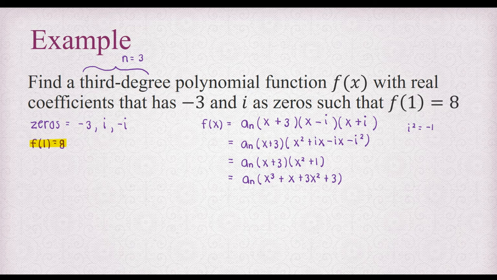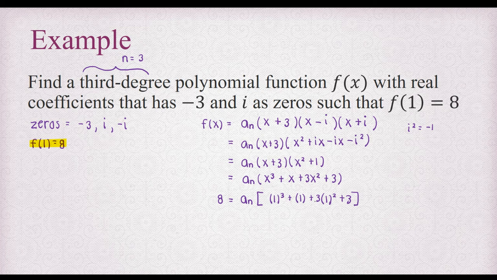So what I'm going to do is set this equal to 8. I don't know what a sub n is, but I know that x I'm going to be replacing with the number 1. So we're going to have 1 being cubed plus 1 plus 3 times 1 being squared plus 3. If I start simplifying everything in parentheses, well, 1 cubed is 1.